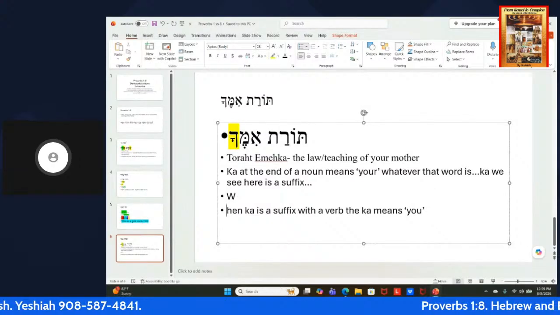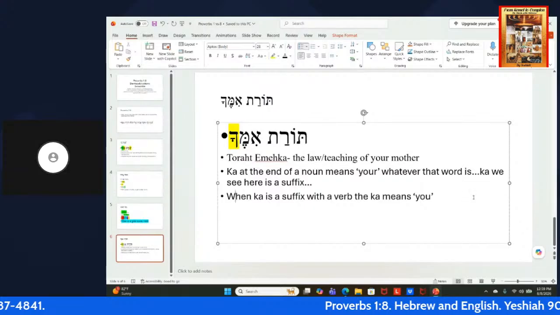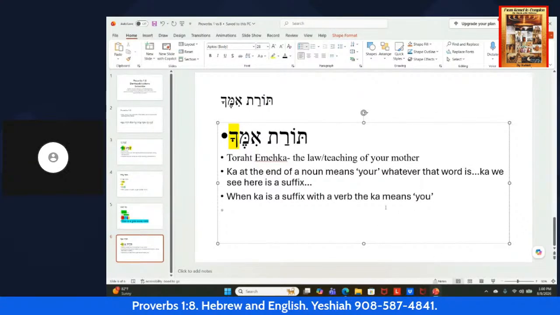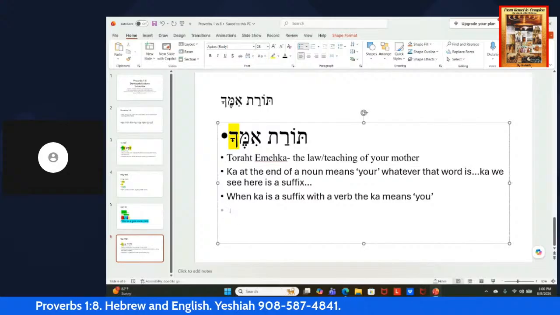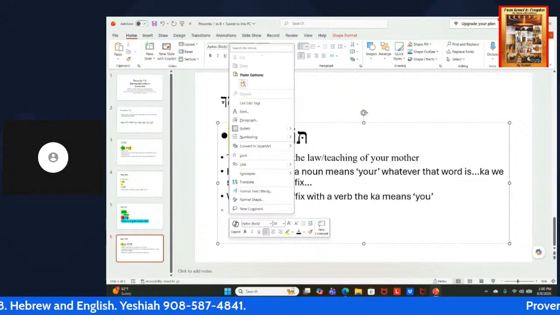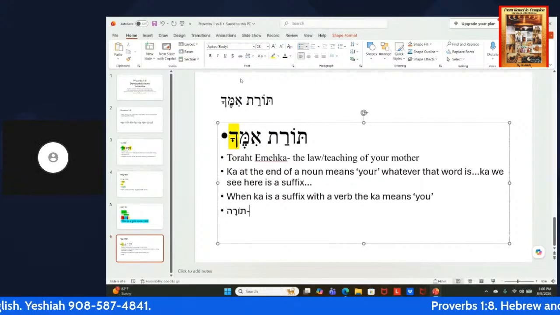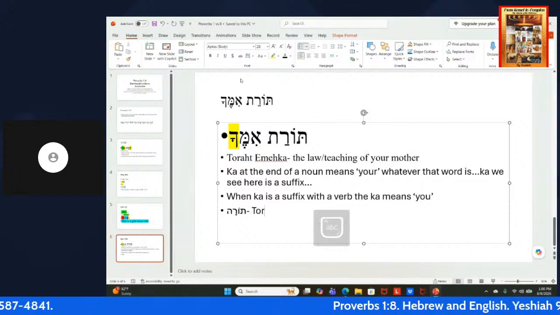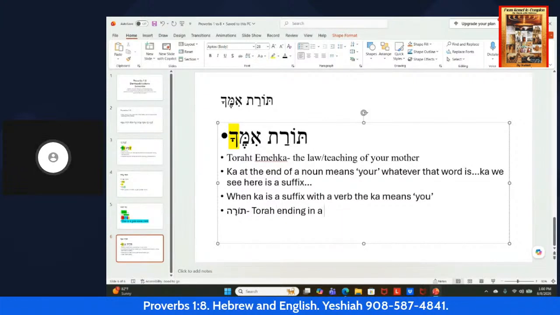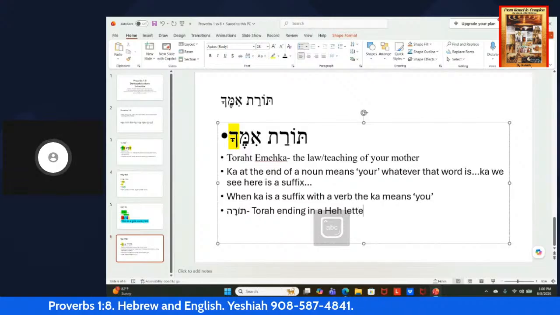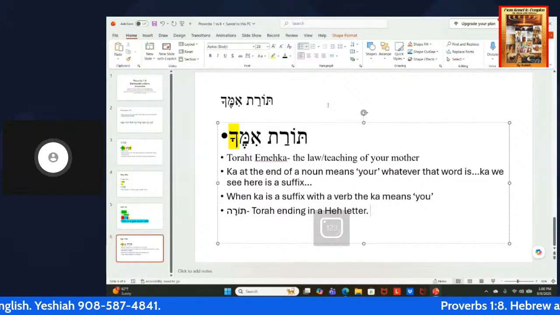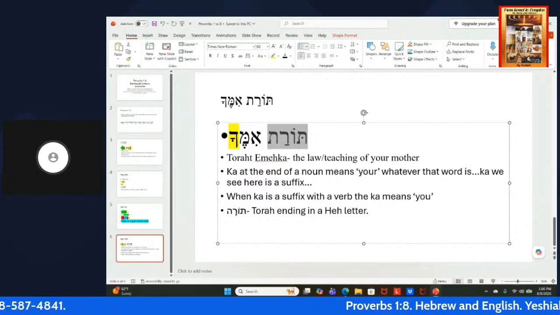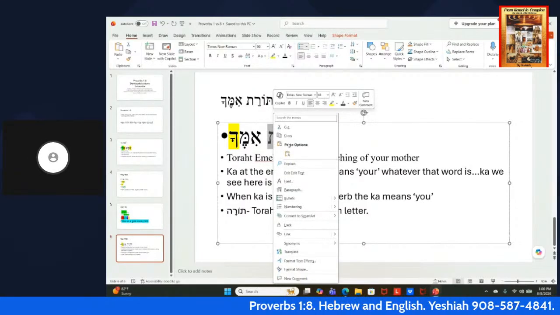Let's see what we can ascertain in this particular case. Torah, ending in a hey letter. And here we have, brothers and sisters, showing in real time as much as possible.